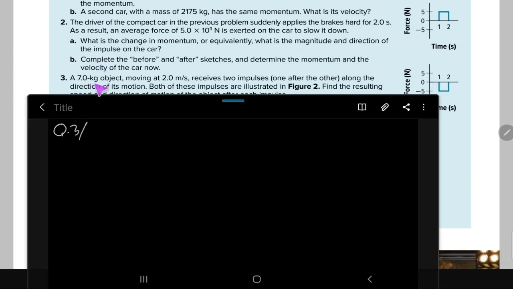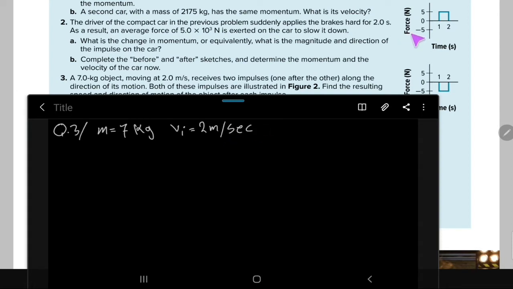Here we have 7 kilogram, that is the mass, which is equal to 7 kilogram. Moving at 2 meters per second, that means the velocity v initial equal to 2 meters per second.